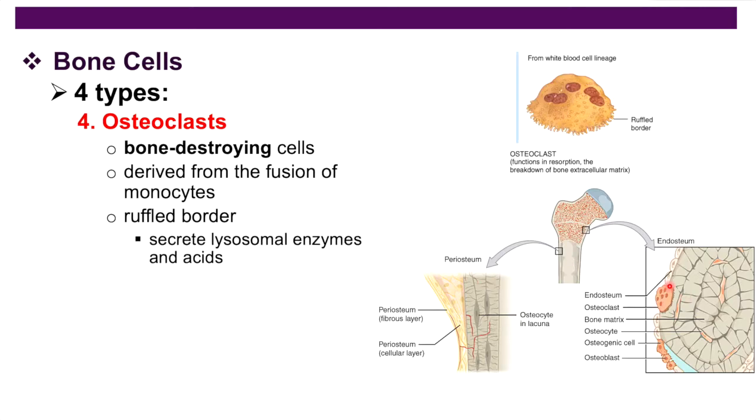This is where enzymes and acids that digest the protein and mineral components of the extracellular bone matrix are produced. This breakdown of bone extracellular matrix, or resorption, is essential in the development, maintenance, and repair of bone, as you will learn shortly.